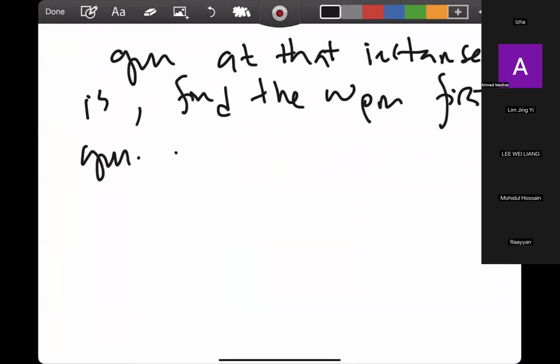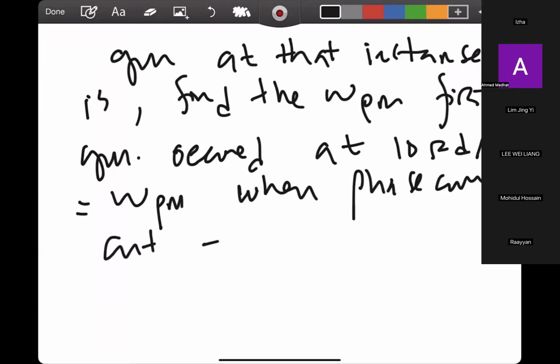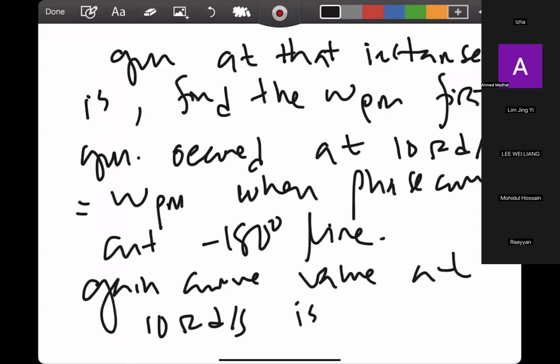Gain margin occurred at 10 radian per second, which is equal to omega PM, when the phase curve cuts the minus 180 degrees line. Gain curve value at 10 radian per second is minus 68 decibel.